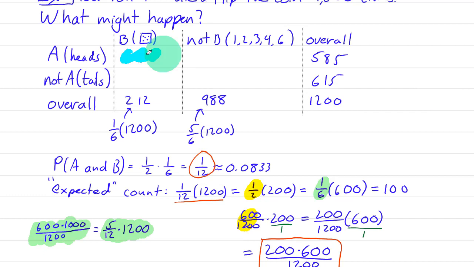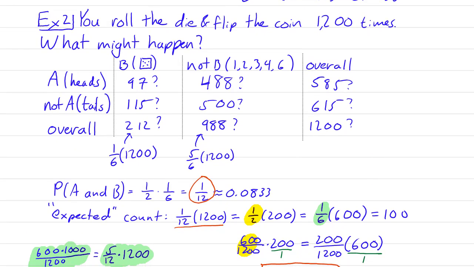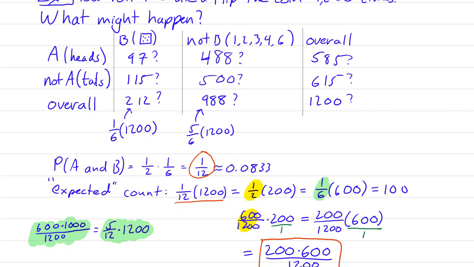You might get 97. And everything else is going to have to be some more or less random numbers that are sort of proportional, but not exactly. So something like that is the kind of thing that happens regularly. You're probably not going to get exactly half of the time heads.